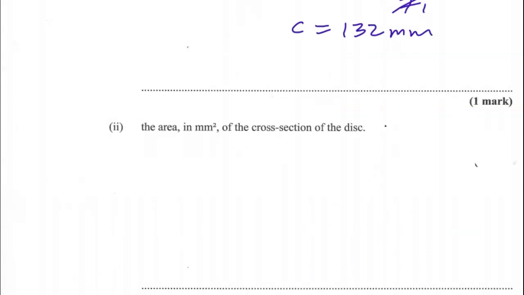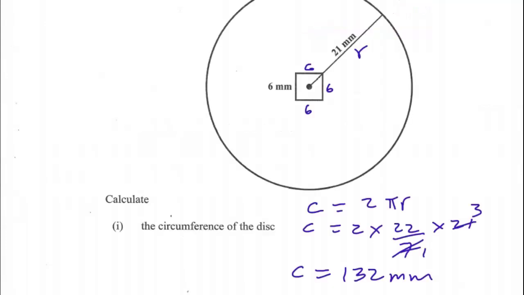Next, we were asked to find the area of the cross section of the disk. Of course, area is pi r squared. Something we have to be mindful of when calculating the area is that we have to subtract this square part. The shaded section would not be a part of the disk, as there's an empty space there.